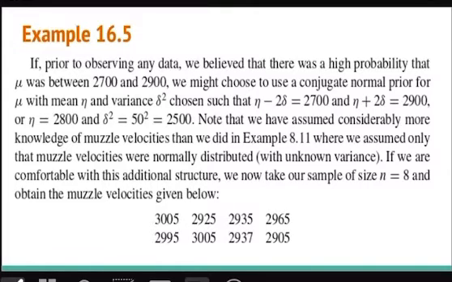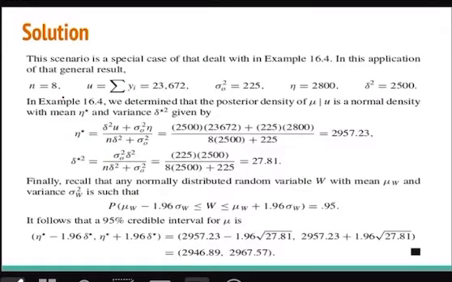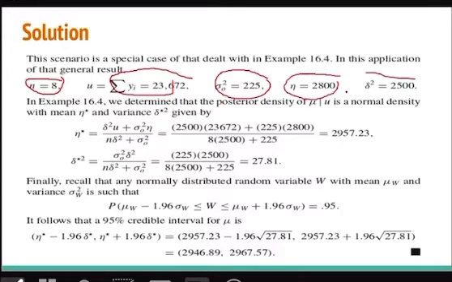Then at the end of the day you have this data: 8 data points. They ask you to find the 95% credible interval. Your n equals 8. You get the sum of the observations given. You have been given sigma naught squared and this from the question.